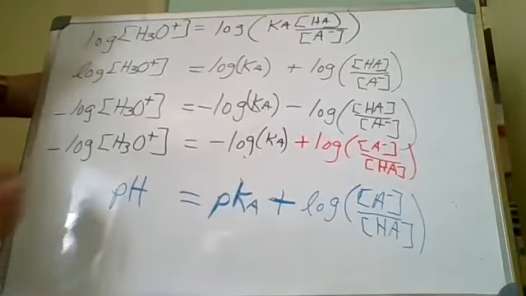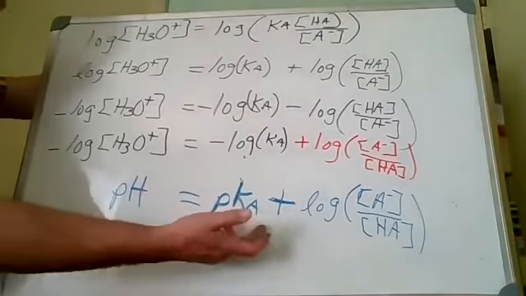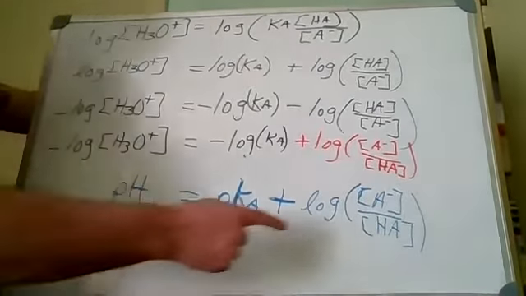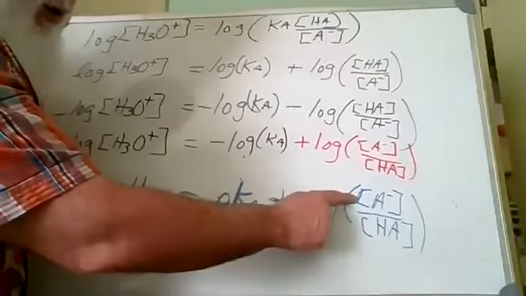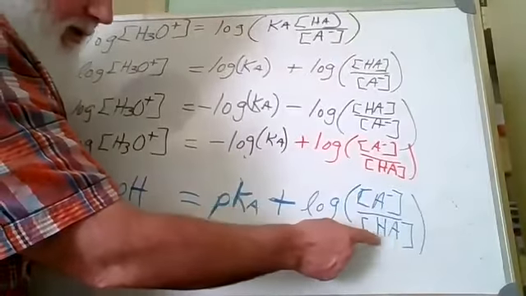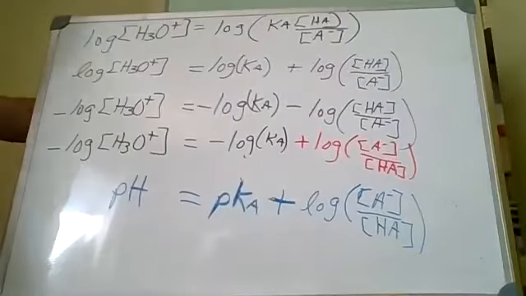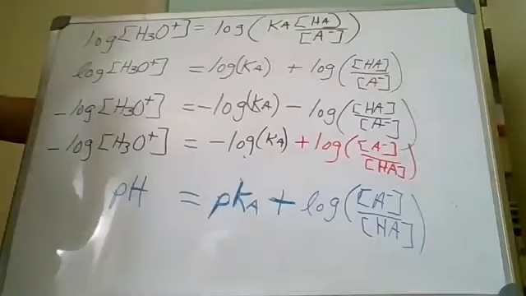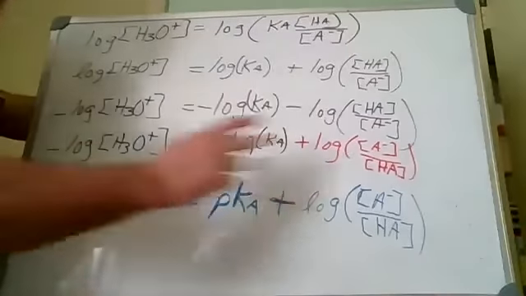All you got to do is know the Ka of the weak acid, which you can look up in a table somewhere, and know the initial concentration of the conjugate base and the initial concentration of the free acid. So instead of having to make all that ICE table and all that, you could just plug into this.